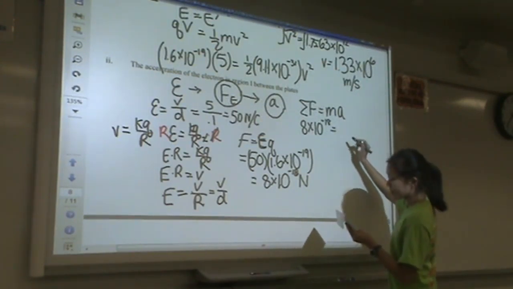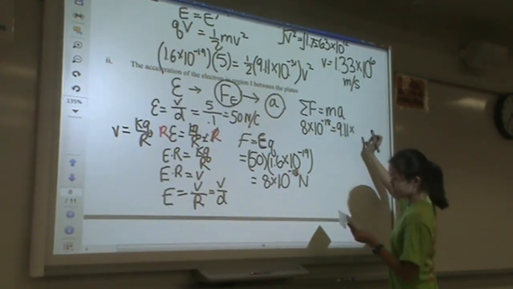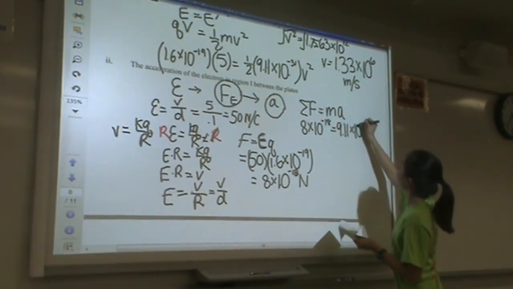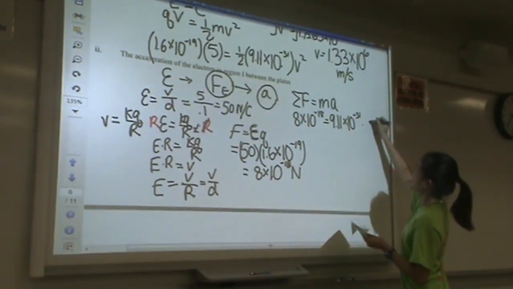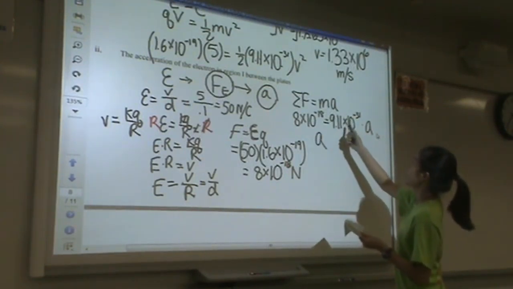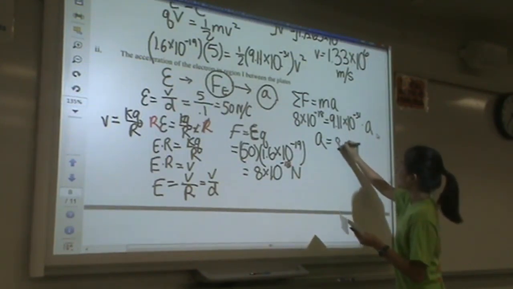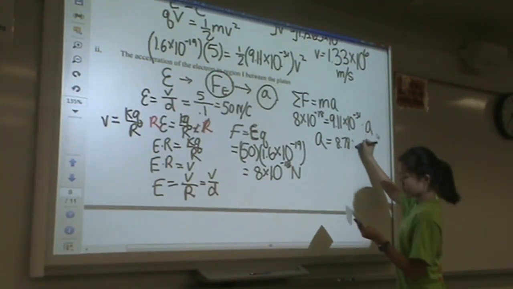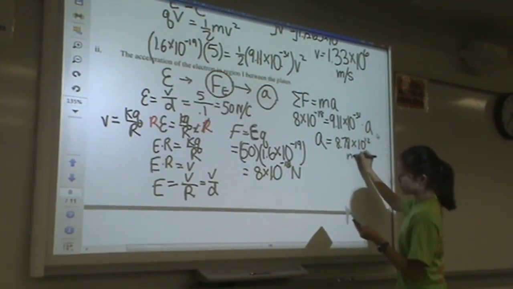And then use your mass, which is 9.11 times 10 to the negative 31st, and that's multiplied by acceleration. So then you divide both sides by that, and you get that acceleration equals 8.78 times 10 to the 12 meters per second squared.